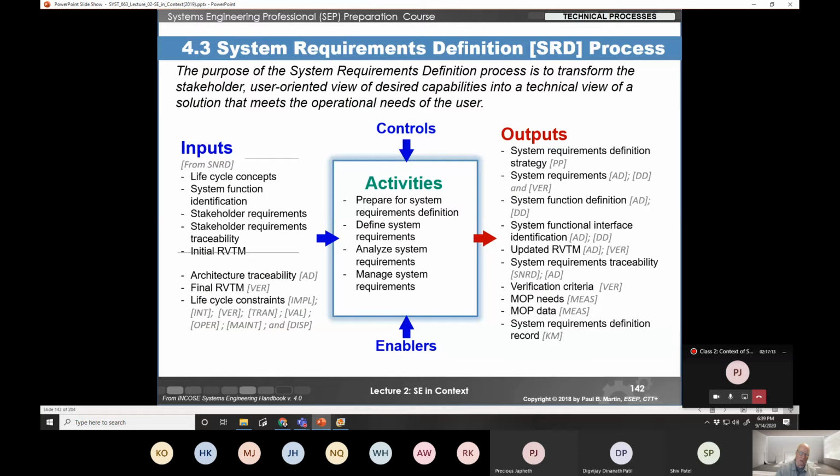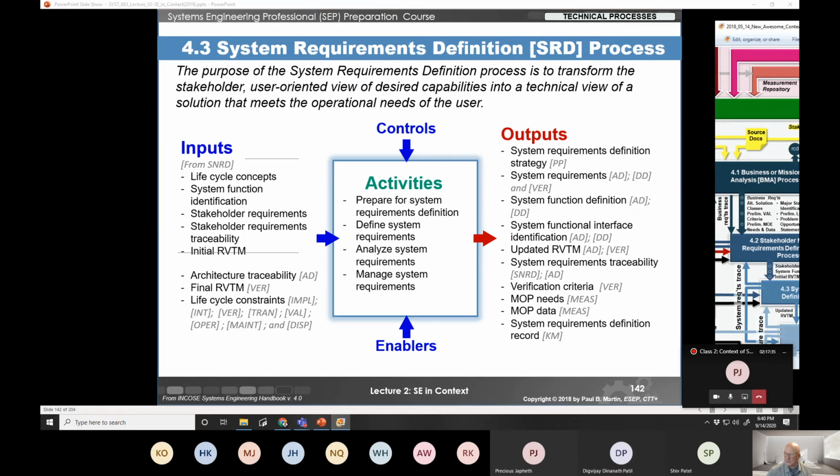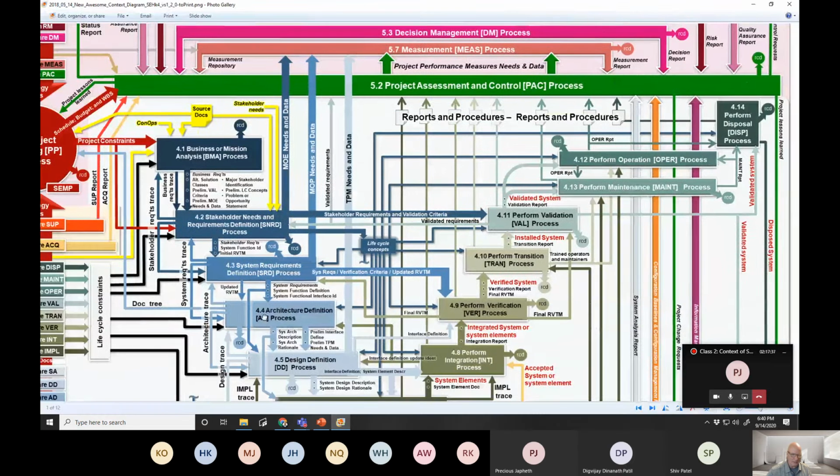How do we get that to work? Part of that is taking the information from the stakeholder needs requirements and analyzing it so you can come up with your major output, your system requirements. So let's look at this a little closer.